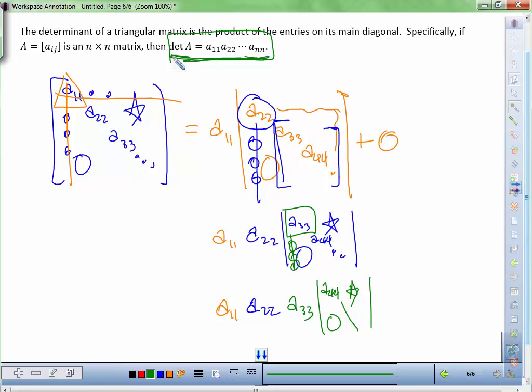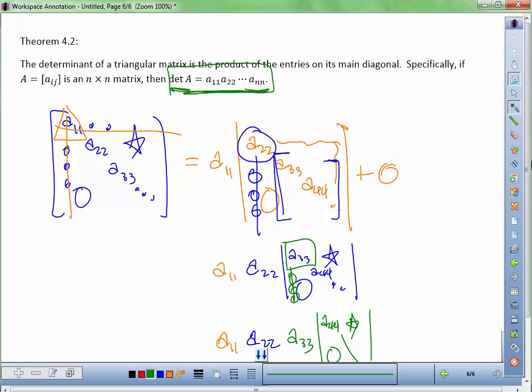So all you have to do to find the determinant of an upper triangular or a lower triangular matrix is just take the product of the diagonals, and everything else can be ignored because you would have expanded along the first row or first column to get the result. Okay? So if we have this kind of a special matrix, we got a quick way of finding the determinant. Easy.